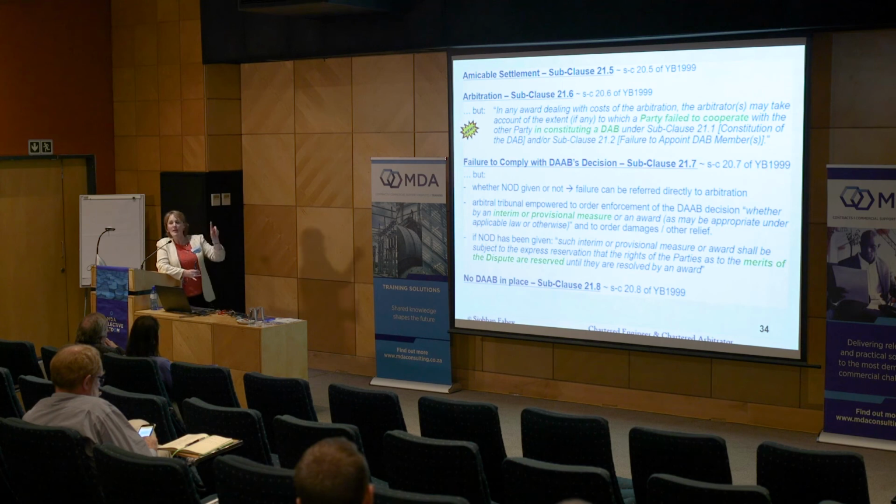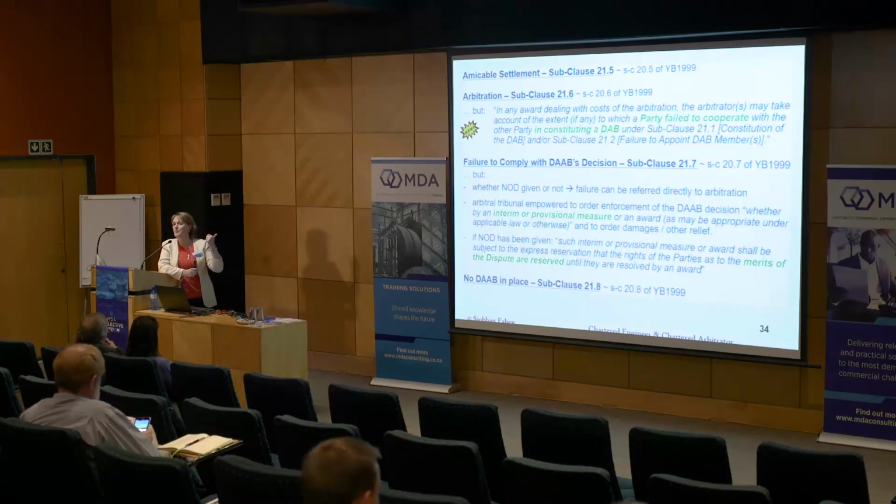This says that if you're in that arbitration or a similar type arbitration, and one of the parties has been dragging its heels or caused the DAB not to be put in place when it should have been, the arbitrators can take that into account in determining the costs allocation. So we're hoping that's going to have a powerful effect in making sure that both parties are on board and engage with the DAB when they should.